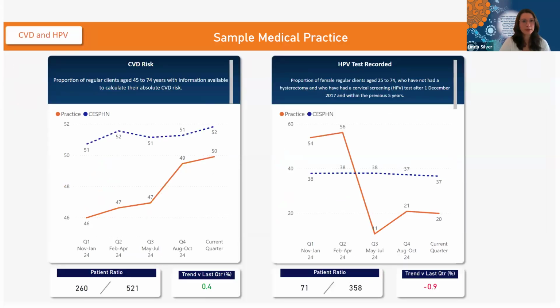Okay, so the last data set we look at is around chronic cardiovascular disease risk and cervical screening. The chart on the left shows us the number of regular patients, aged 45 to 74, who have all information on file that's necessary to calculate the absolute cardiovascular disease risk.